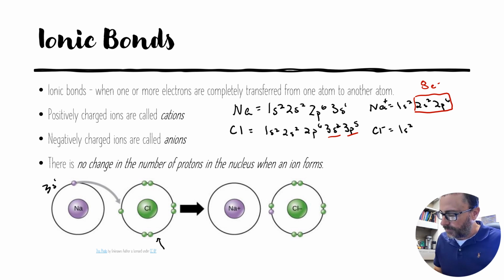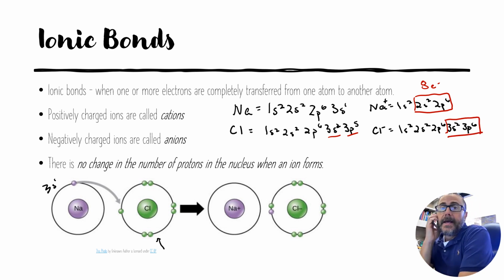Its electron configuration goes 1s2, 2s2, 2p6, 3s2, 3p6, and so our chloride has a valence of 8 electrons as well. That makes them really happy, and that's why these bonds occur. That's why there is this transfer of electrons in ionic bonds: it makes each one of the elements more stable.